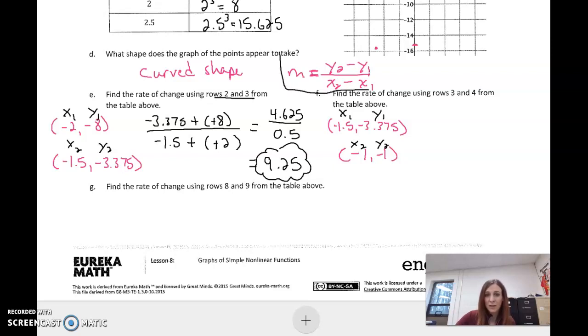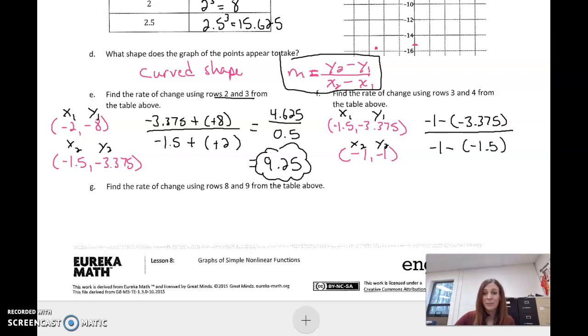Okay, this is the formula I keep using. So y2 is -1 minus my y1, which is -3.375, being very careful not to lose my negative. And then I have -1 minus -1.5. As always, keep, change, change. Subtracting is the same thing as adding the opposite.